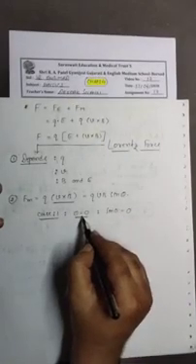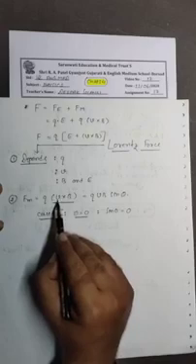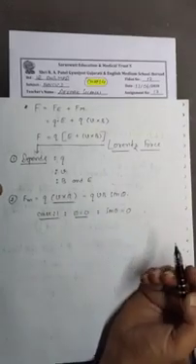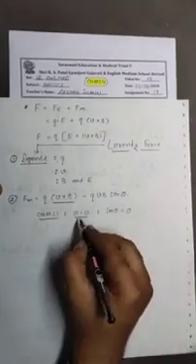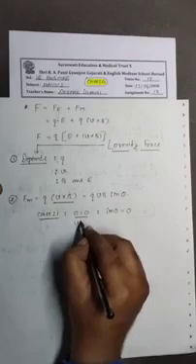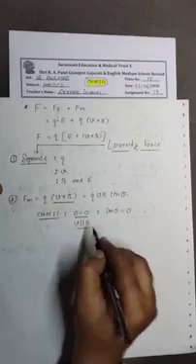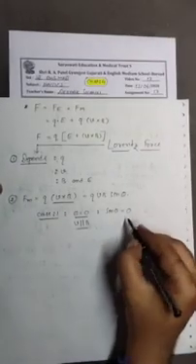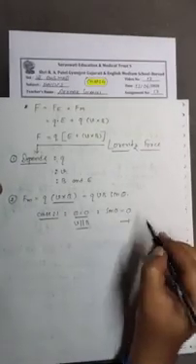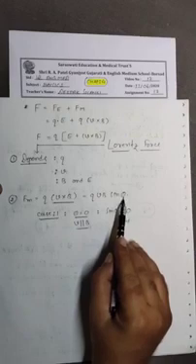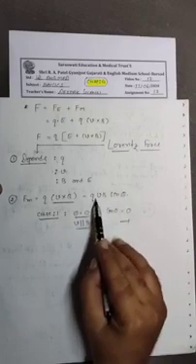If theta is equal to 0, that means the velocity of a charge and the magnetic field are parallel to each other. So in this situation, sine 0 is equal to 0, so the entire term becomes 0.